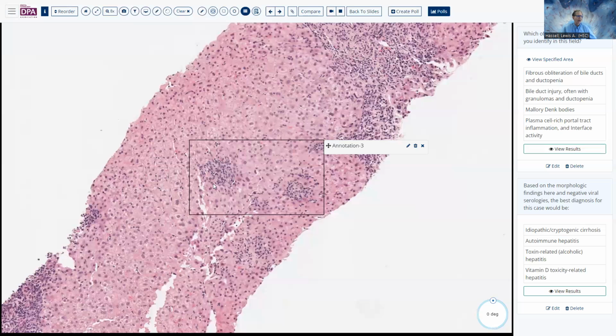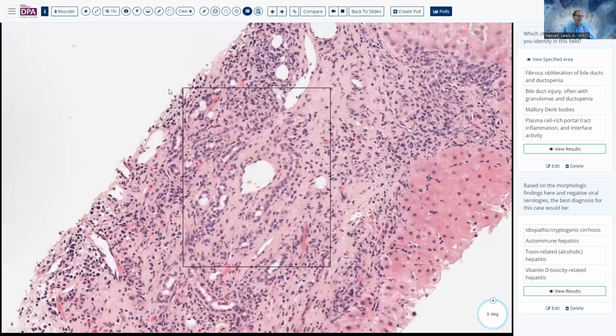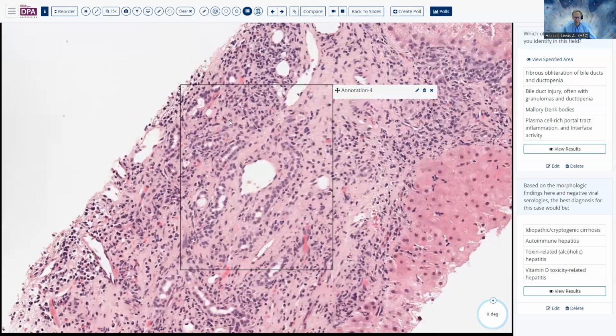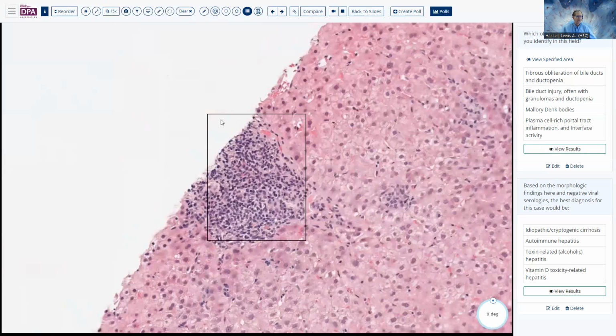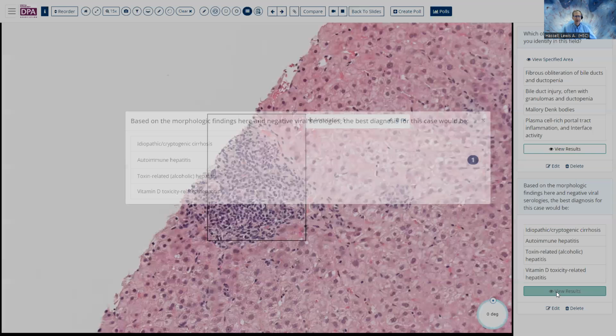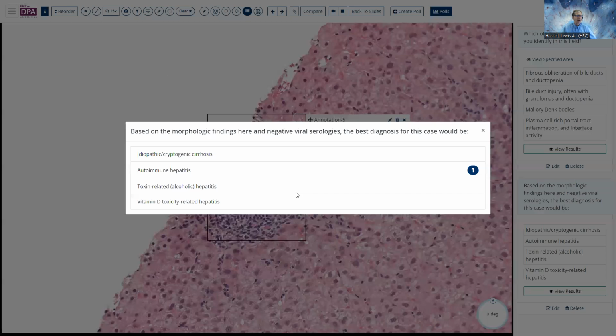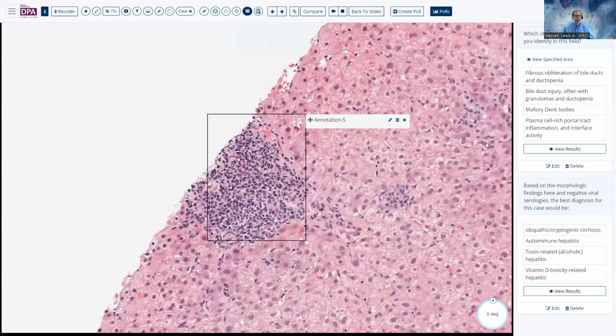So it's a mixed portal and lobular pattern with lots of plasma cells and a mixture of eosinophils. So based on the morphologic findings here and negative viral serologies, the best diagnosis would be autoimmune hepatitis. And that's characteristic of that inflammatory pattern with mixed inflammation and negative serologies.